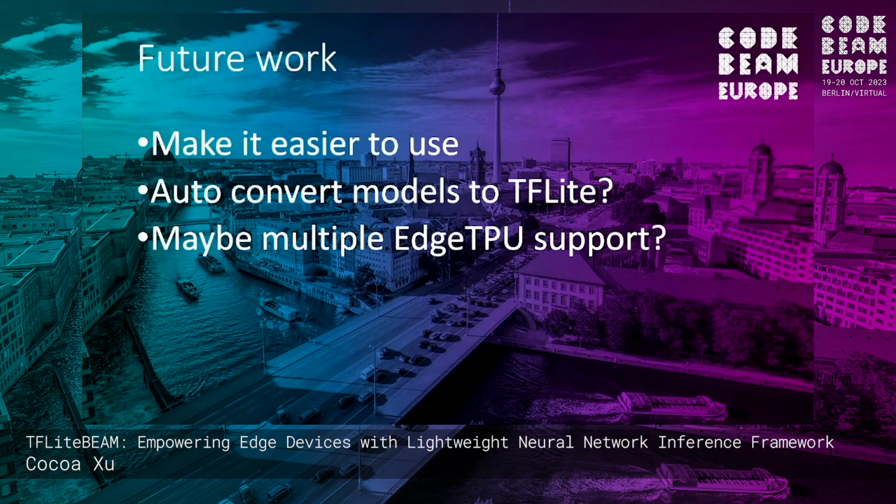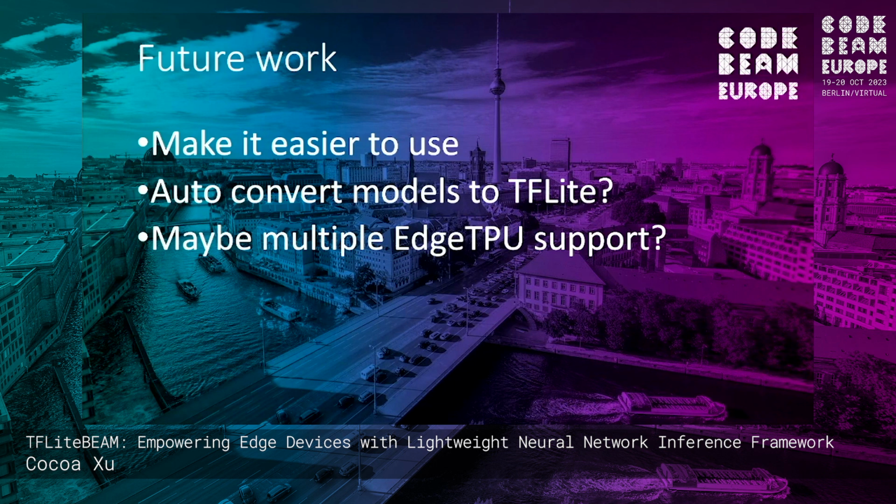The reason behind that is the first time you load a model to the Edge TPU, it will need some warm up before it can become fast. That is how Edge TPU works.